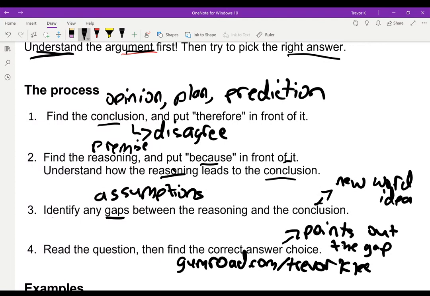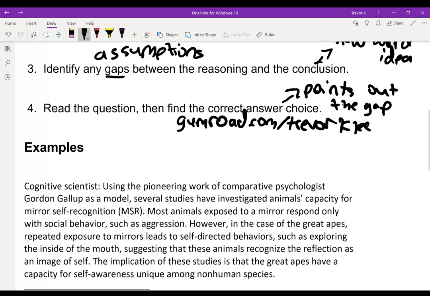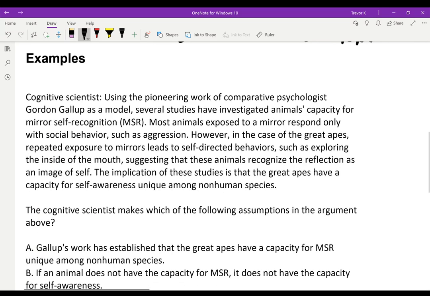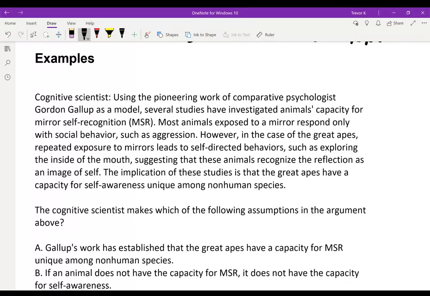All right, cool. So let's go through this stuff. These are actual GMAT critical reasoning examples, and these are really difficult questions. They're 700 plus. So let's put the process to work. The cognitive scientist says, using the pioneering work of comparative psychologist Gordon Gallup as a model, several studies have investigated animals' capacity for mirror self-recognition, MSR.